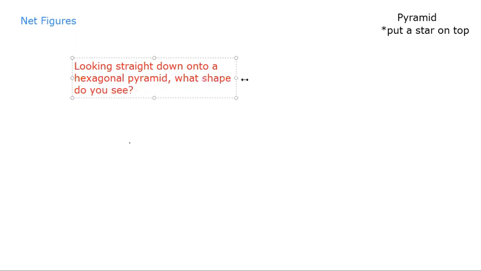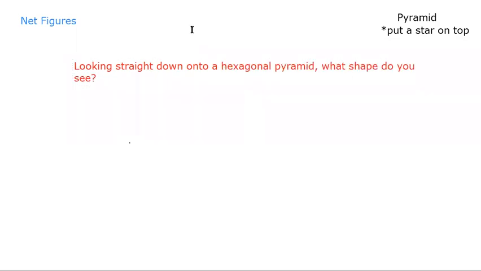That means you are in a helicopter, in an airplane, and you're looking straight down. So we're going to look straight down onto a hexagonal pyramid. What shape are we going to see? A hexagon. You won't see anything on the top of it.